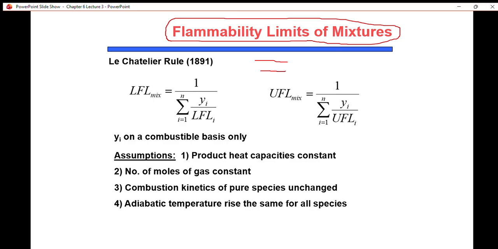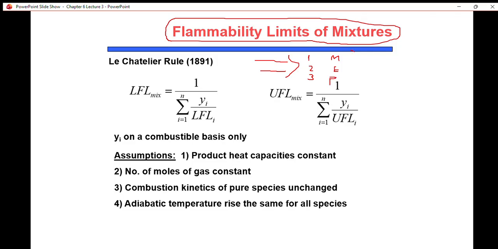You have a mixture. Let's say you have a gas stream, and this gas stream has component 1, component 2, component 3. Let's say component 1 is methane, component 2 is ethane, component 3 is propane.